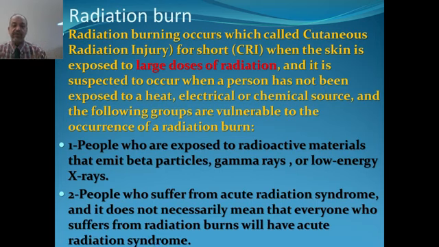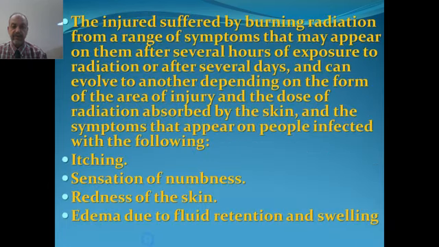Now we are differentiating between radiation burn and acute radiation syndrome. Acute radiation syndrome stays with you all your life, but a radiation burn may go away and you may be healthy after that. Not everyone who has a radiation burn must have acute radiation syndrome.